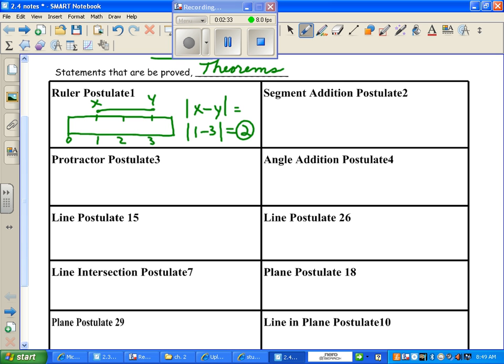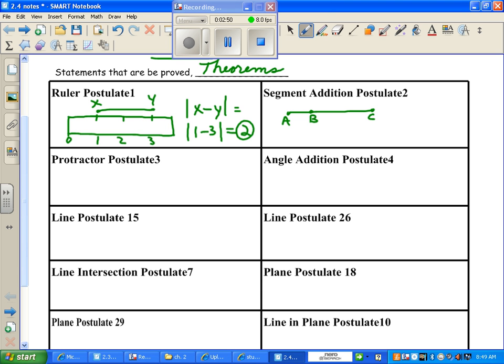Basically you're measuring something, and we maybe broke it down into too much detail. Alright, segment postulate, you know this one already. If you have a segment AC, and a point B on it, B does not necessarily need to be the midpoint.